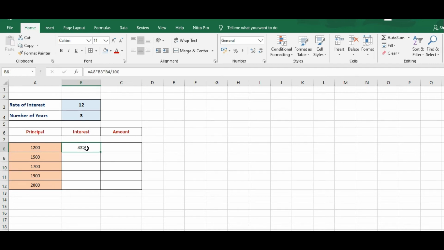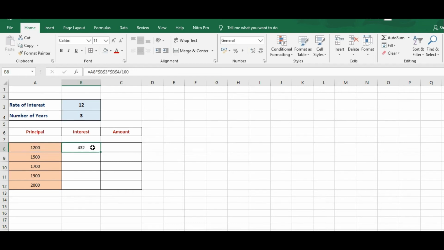we have to correct this formula. To correct the formula, we will add a dollar sign before the column name and before the row number. Then just hit the Enter button on the keyboard.